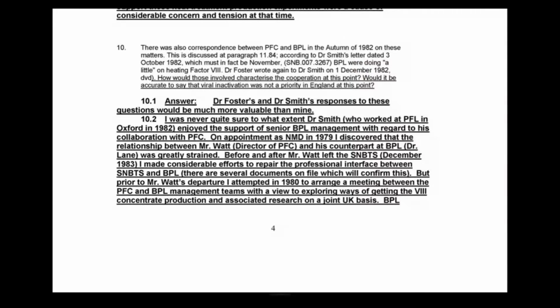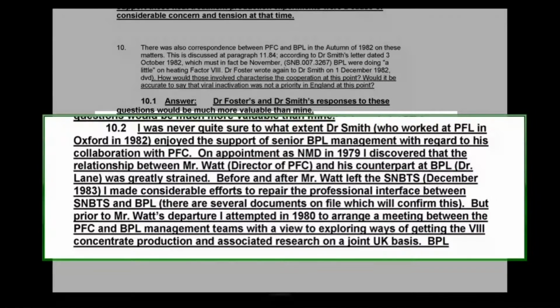So, bottom of the page, at paragraph 10.2, picking it up three lines down, he says, on appointment as NMD, that's National Medical Director, in 1979, I discovered that the relationship between Mr. Watt, Director of PFC, and his counterpart at BPL, Dr. Lane, was greatly strained.